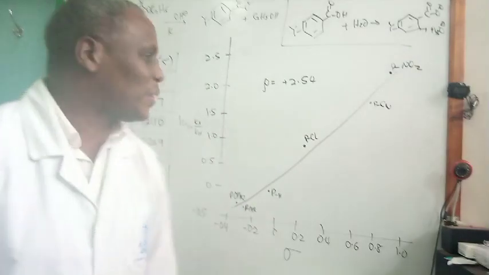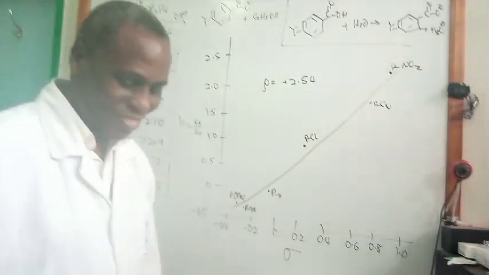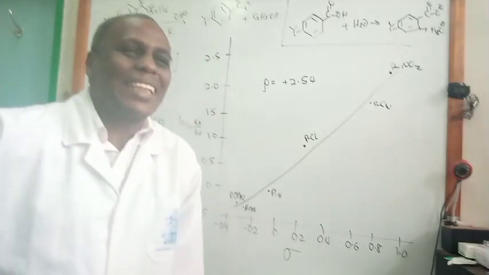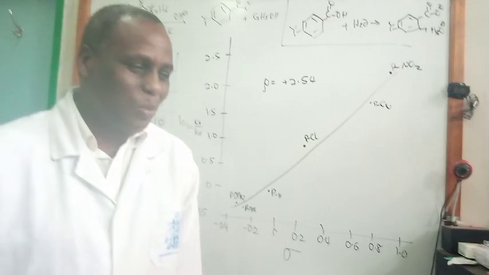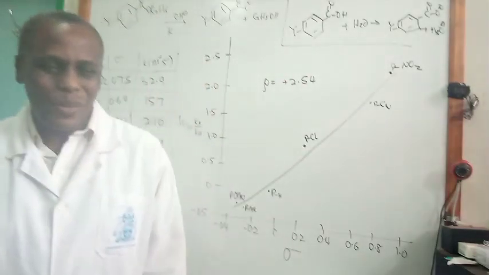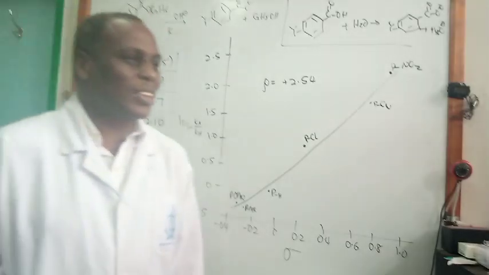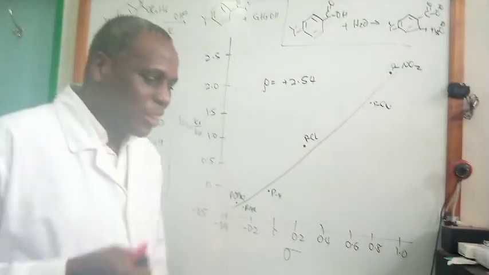Yeah. Now, in this case, we are getting a linear curve. What you are going to see later, I'm just putting some curiosity in you so that you look forward to this and think, hey, I want to read more about it. What you are going to see is that this is a Hammett plot.